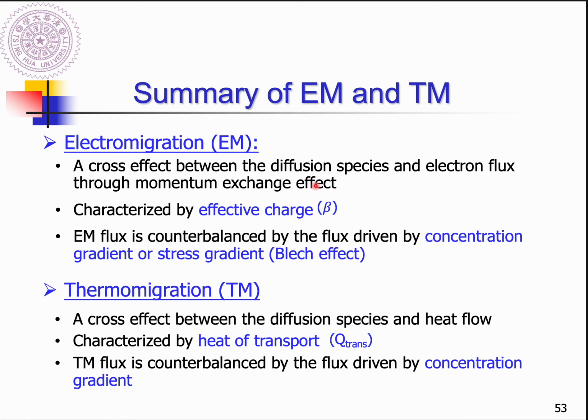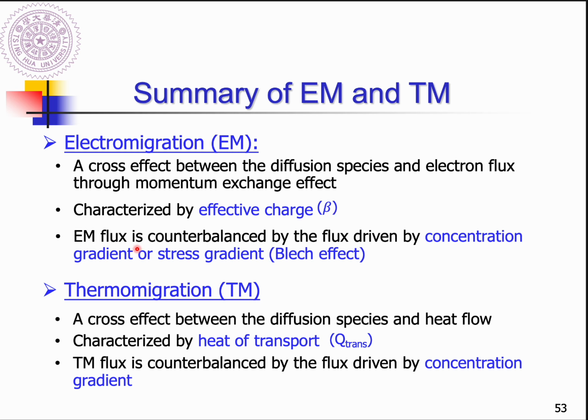Okay, so I'm going to give you a summary of Em and Tm. Em actually is a close effect between the diffusing atoms and the electron flow through momentum exchange, and we can quantitatively characterize the effective charge of diffusing atoms, and the sign of the effective charge will tell us the moving directions of the diffusing atoms. Okay.